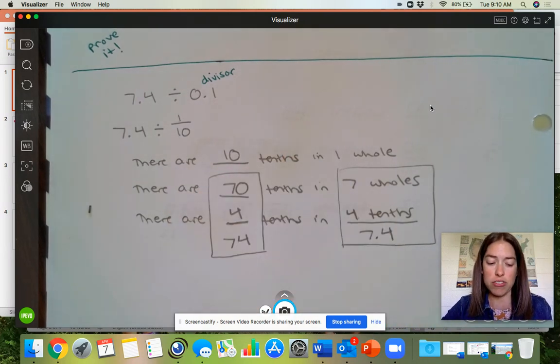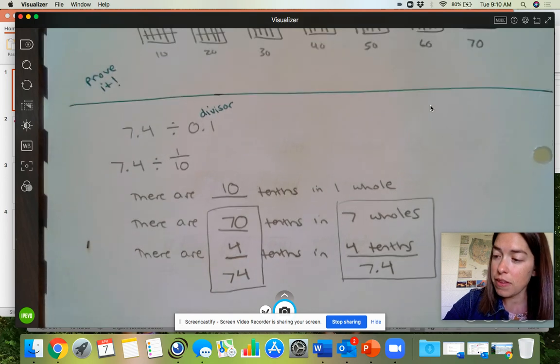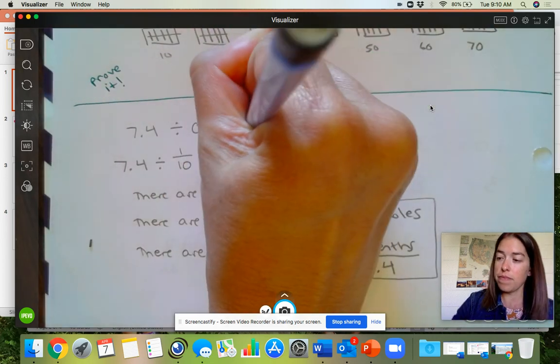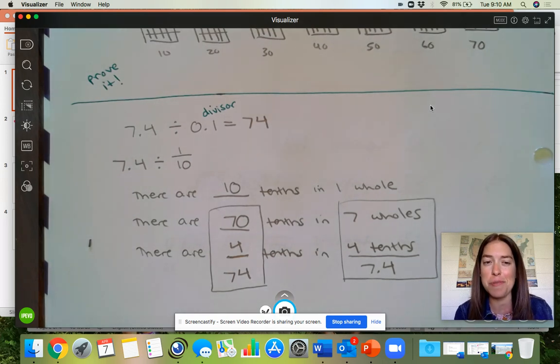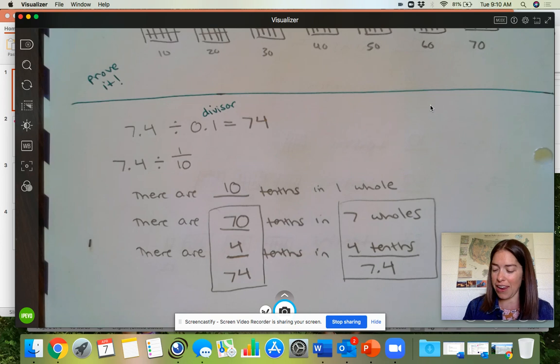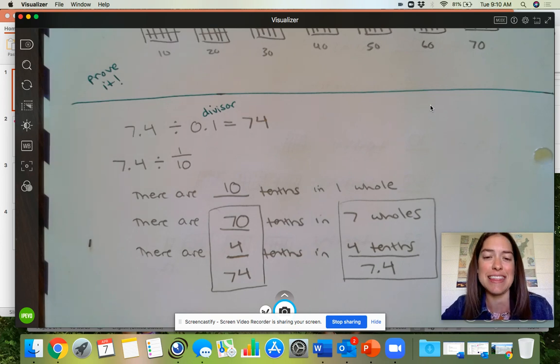And so our answer to this question of 7 4 tenths divided by 1/10 is 74. You may be beginning to notice some kind of a pattern with the decimal point. Huge shout out if you are. That's going to come into play a little bit more tomorrow. Right now, we're really focusing on how many tenths are in a number to make sure we truly understand where this is coming from. Let's draw this out just to prove it.